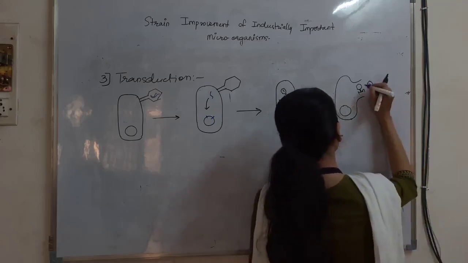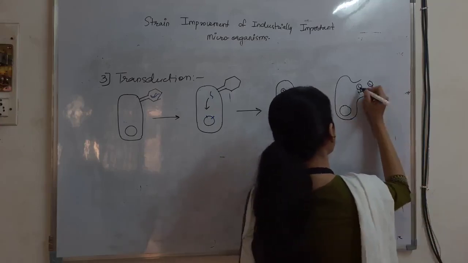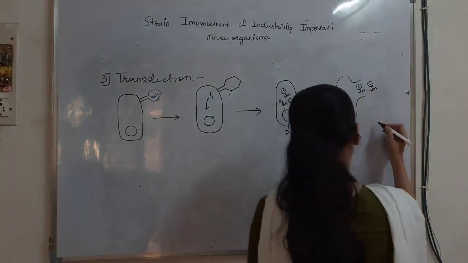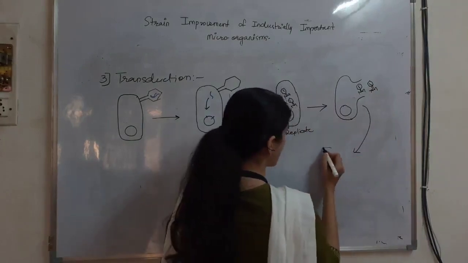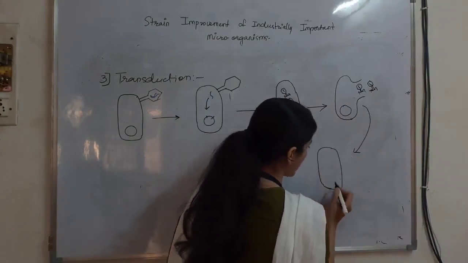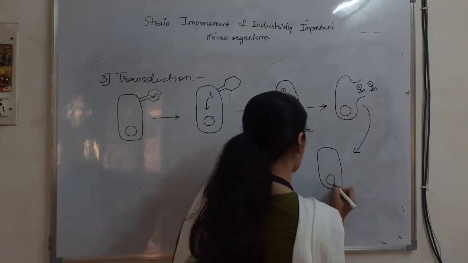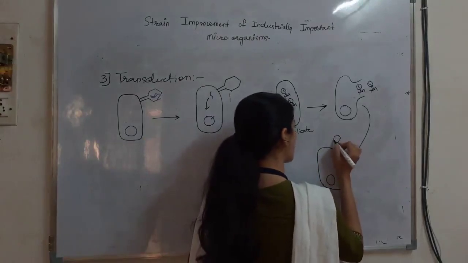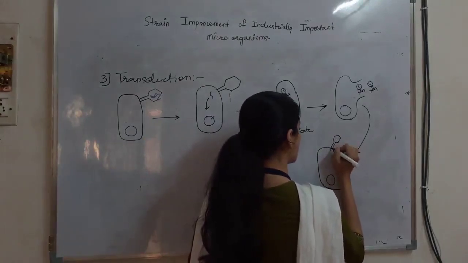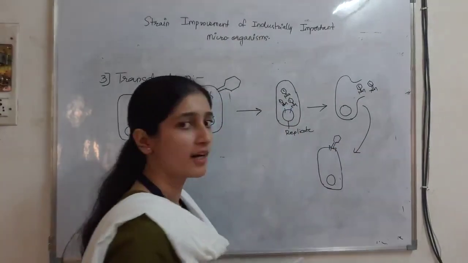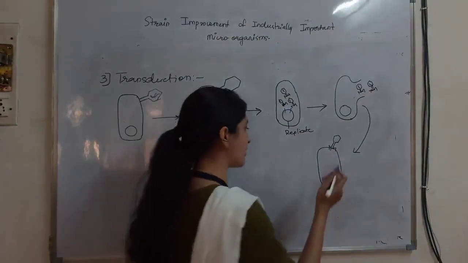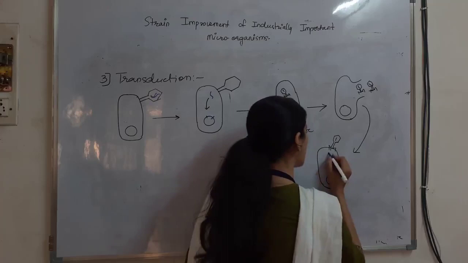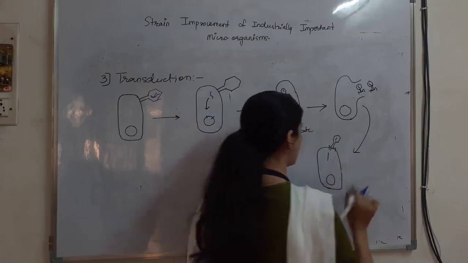Now these viral particles with some part of the host gene will go and attach onto different cells which are present in close proximity of the same bacteria, and it is going to transfer its genetic material, which consists of both, into the bacterial cell.